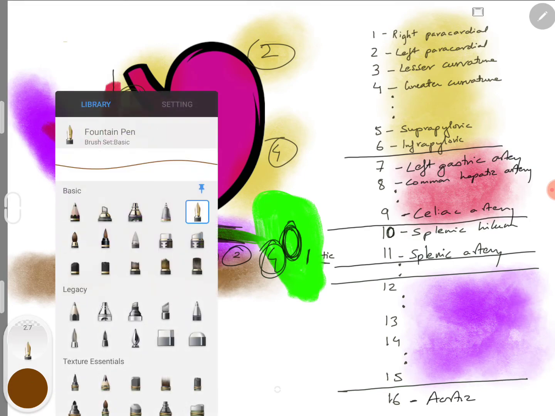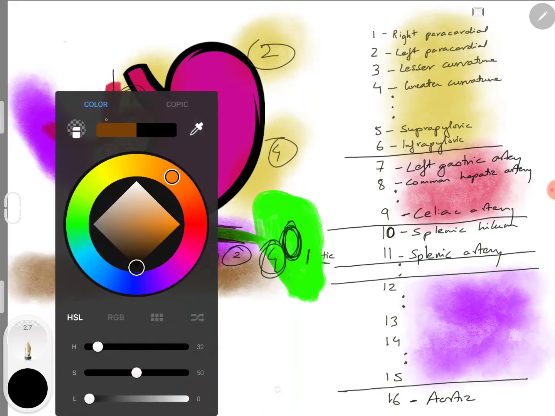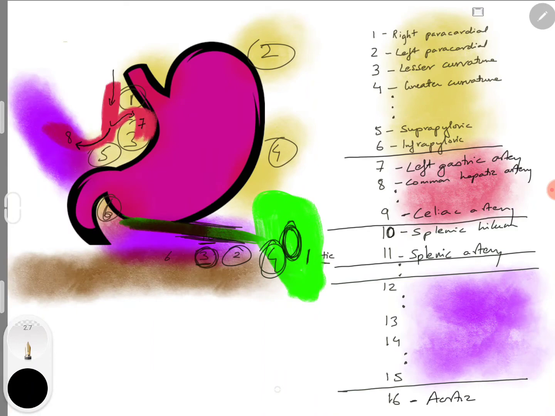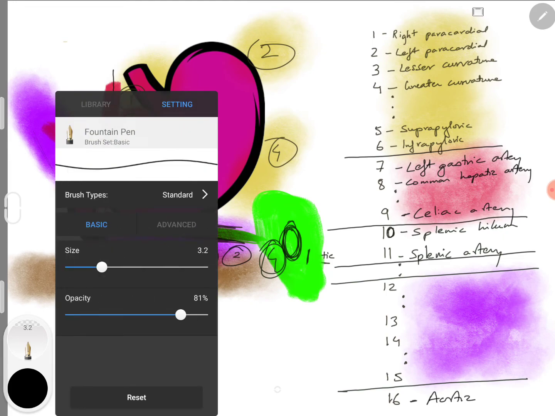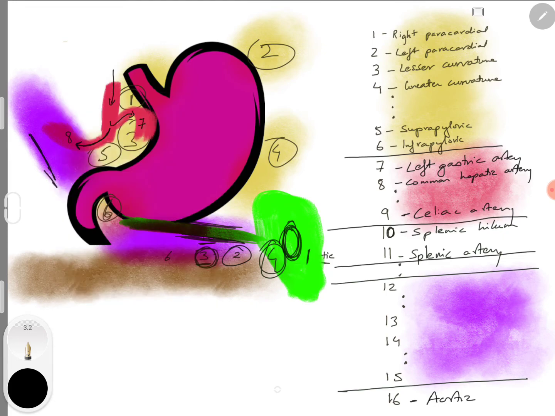So in this diagram, we are going to come from top to bottom. From here, then we go here, and then we go here. So what is this? 11, 12. 12 is the hepatoduodenal ligament. Then 13 and 14 come here, and 15 is here.